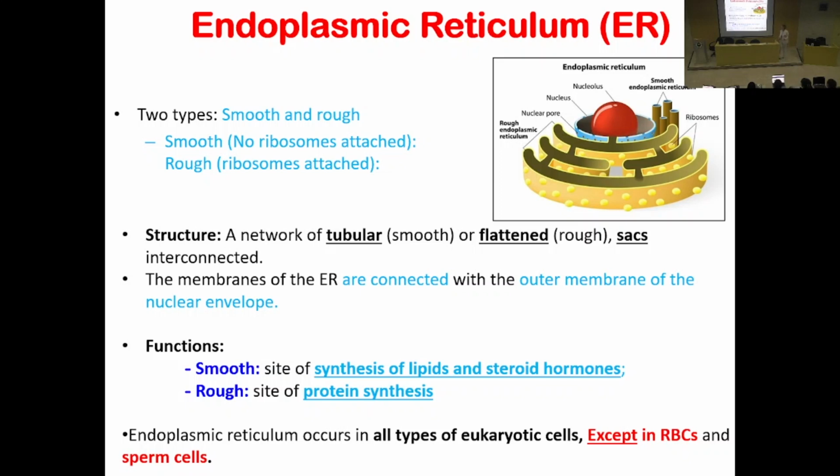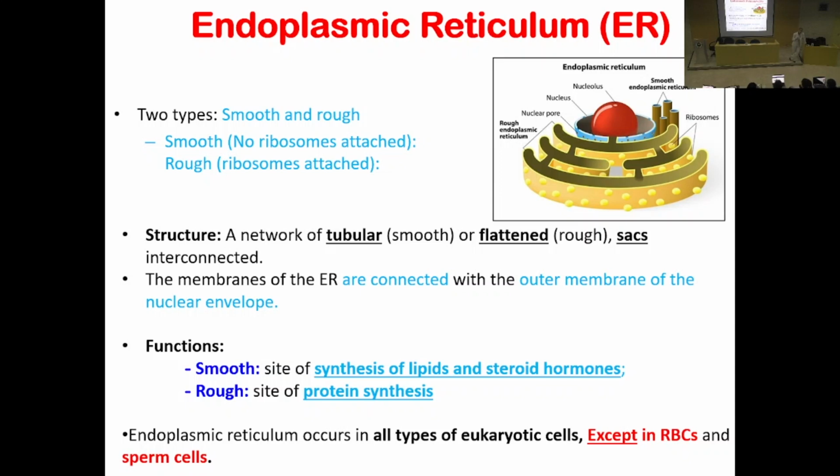All right. So all the eukaryotic cells have endoplasmic reticulum except the RBCs and sperm. Can you tell me why? The red blood cells, look.